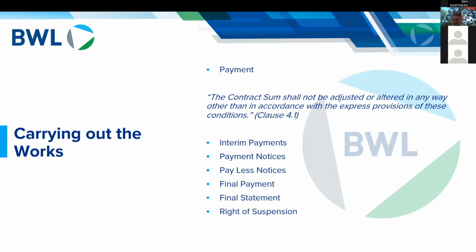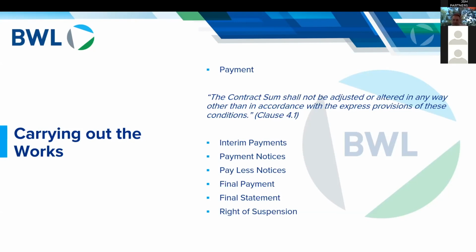Then there's another date, again all set out in the contract, by which you issue a payment certificate. The payment certificate is confirming the amount that's going to be paid to the contractor. So it's the developer or the employer's response to the payment application by the contractor.